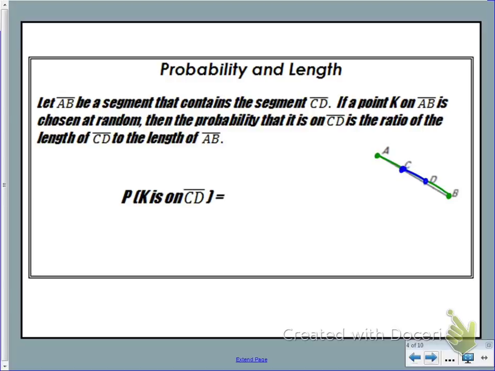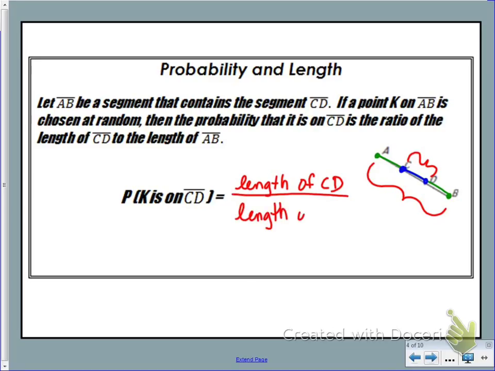So essentially what we're saying is if I put a point anywhere on this segment AB, any point K on that segment, if we were trying to find the probability of it being on segment CD, then we would do the length of CD over the length of the whole segment AB.